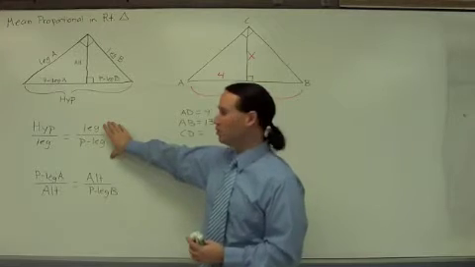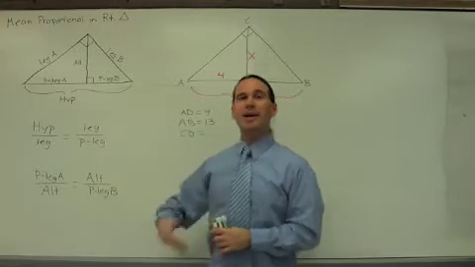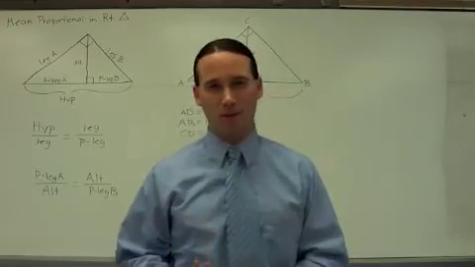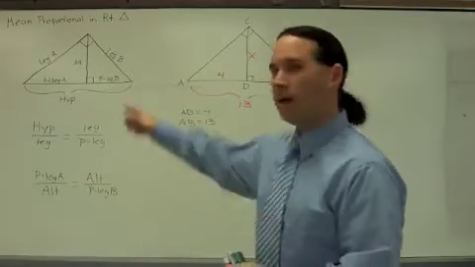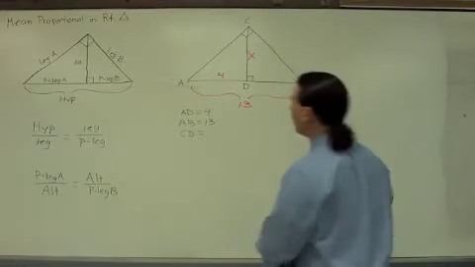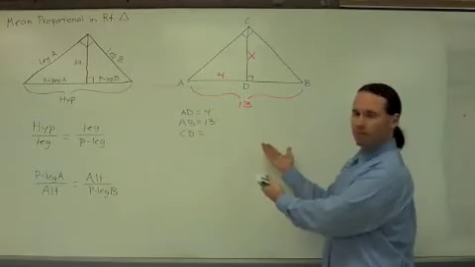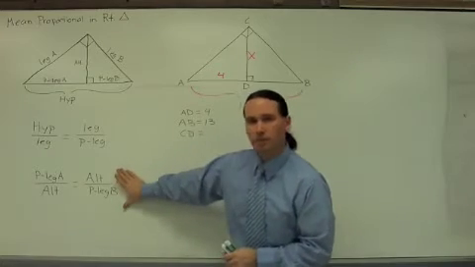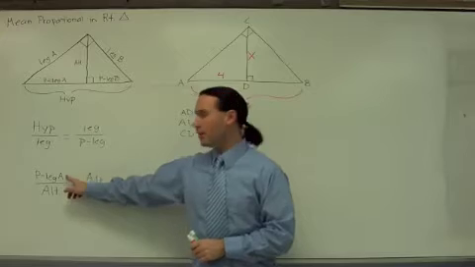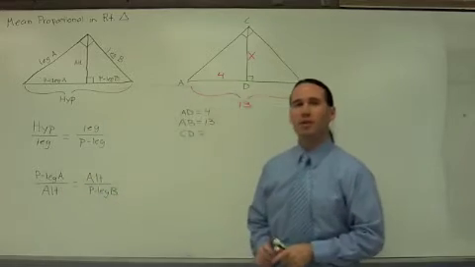So if you want altitude, you've got to go with this one. And conversely, if you do not have an altitude and are not asked to find an altitude, you're going to go with the top equation. Height over leg is leg over P leg. So in this problem, do we have an altitude? Sure. So we're going to go with this proportion on the bottom. So we need to know what P leg A, altitude, and P leg B are.